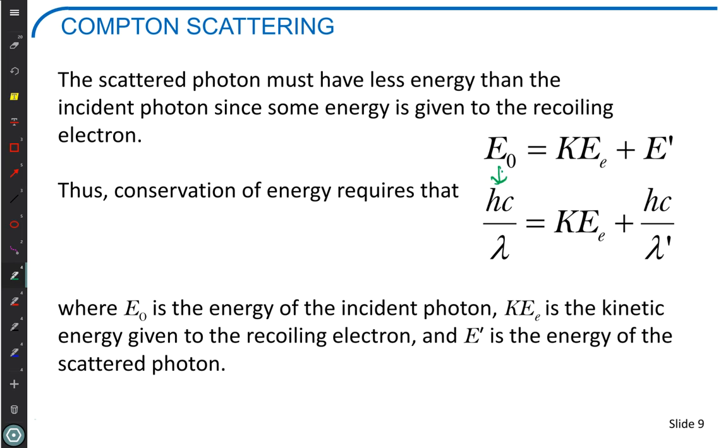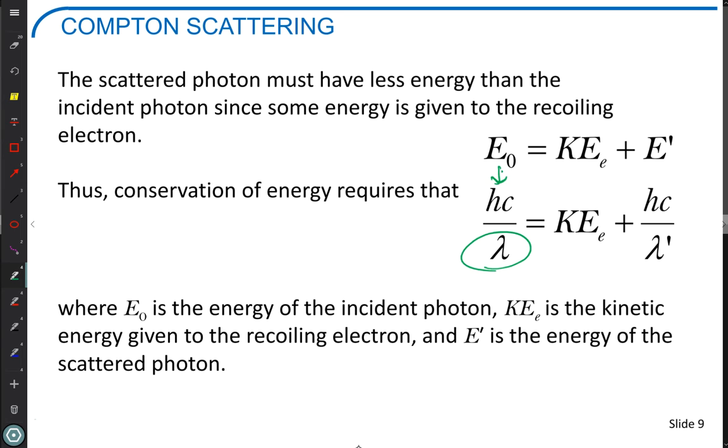That's conservation of energy. That gives us an equation that relates the wavelength we start with to two things: the wavelength we end with and the kinetic energy of the electron. One equation, two unknowns, you can't solve anything yet. We need another equation, so we go to conservation of momentum.